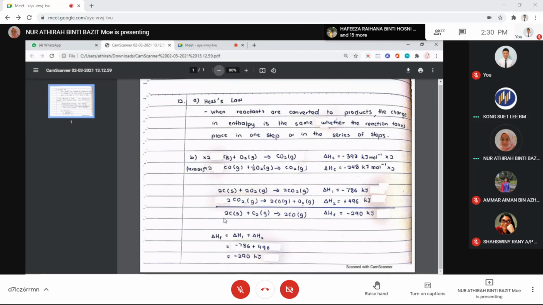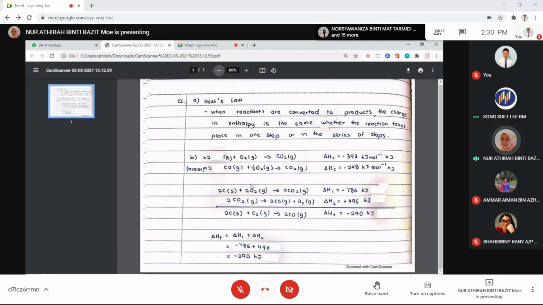So first, if we see here, there is 2C. So in the first equation, we need to find 2 for the equation and for the enthalpy. Second, if we see here, there is 2CO and it is on the right.